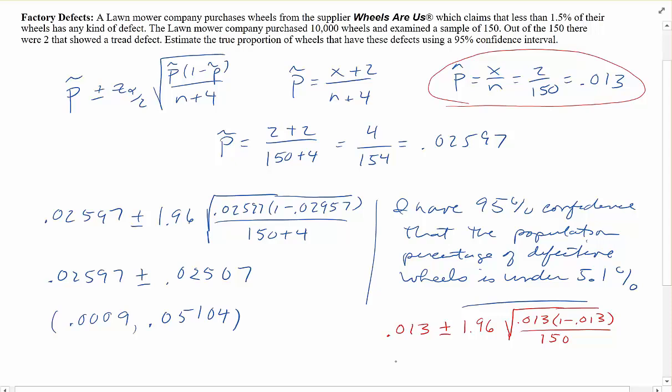And our confidence interval would be 0.013 plus or minus 0.018, and that would give us actually negative 0.005 up to 0.031. And of course, negatives here wouldn't have any meaning to us in this particular situation. There's no negative percents.